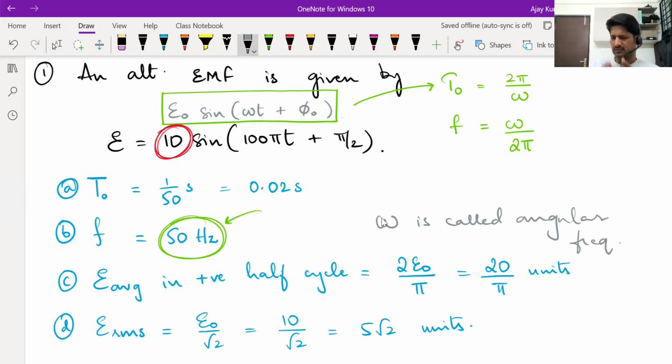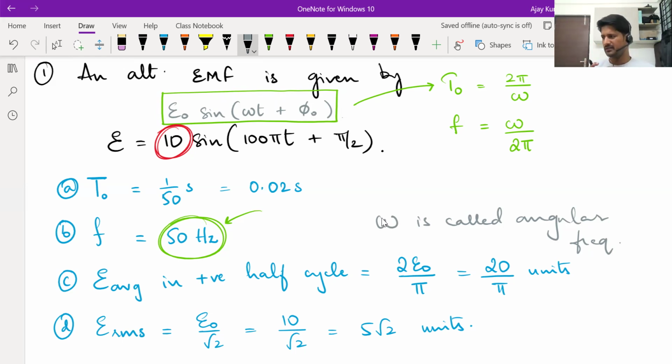And see, these are quite common. I think you would have first come across omega angular frequency in the chapter oscillations, 11th class. In oscillations, you have the general oscillation equation, x is equal to a sine omega t plus phi. Then the chapter after that, waves, general wave equation also, you have y equal to a sine kx plus or minus omega t. There also you have that omega. Omega is called angular frequency of oscillation.